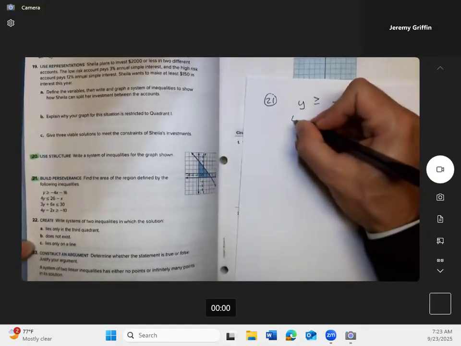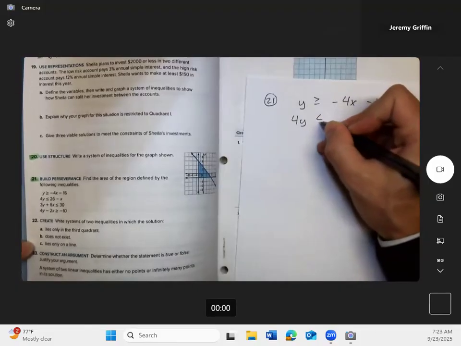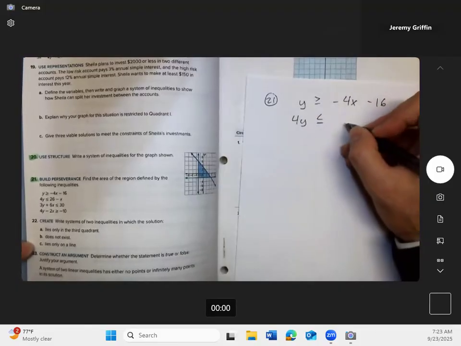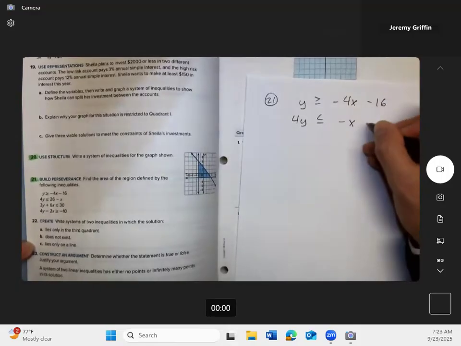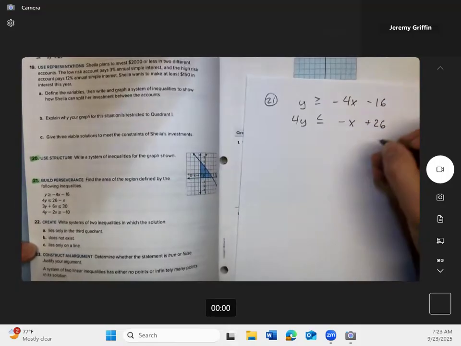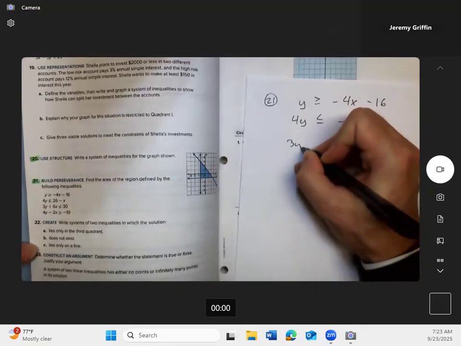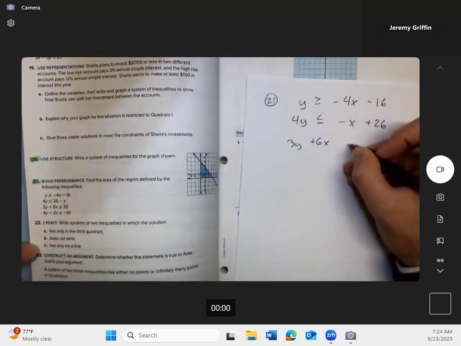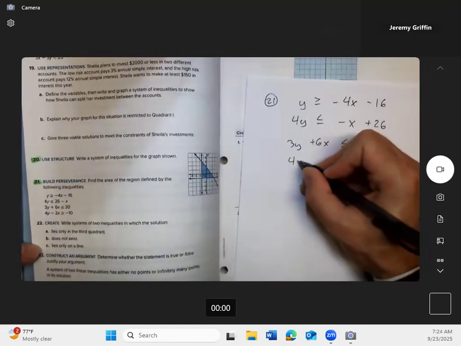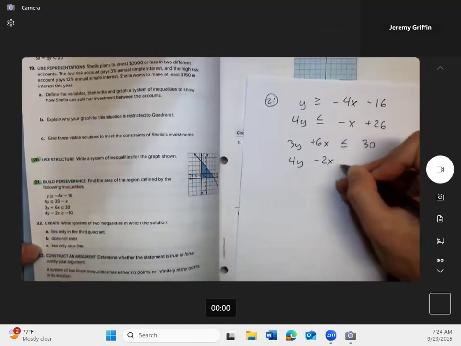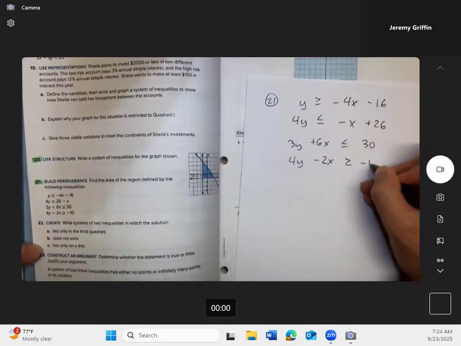We got 4y is less than or equal to 26 minus x. Can I call it -x plus 26? Same thing. We got 3y plus 6x is less than or equal to 30. And we got 4y minus 2x is greater than or equal to -10.